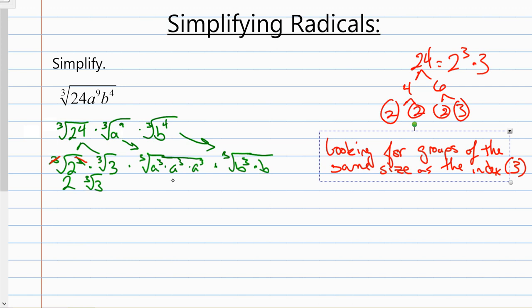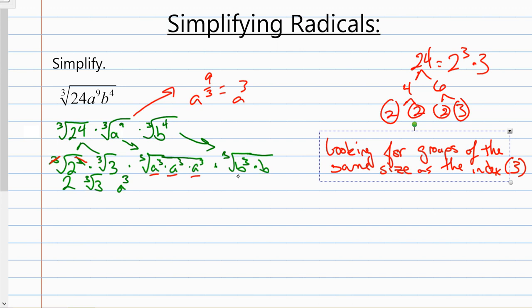But with this cube root of a cubed times a cubed times a cubed, I'm going to have 1, 2, 3 a's come out of that radical, because there are 3 groups of 3. Now, also, you could think of this as a to the 9 over 3, which is a cubed. Same answer, different thought process.